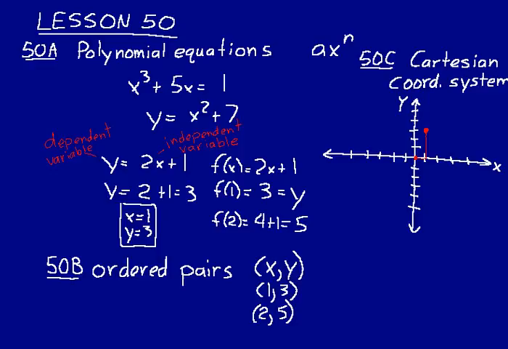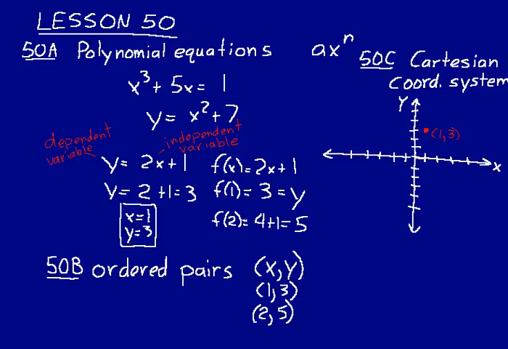Now you don't have to draw those lines that start from the origin and go to the right and up. I'm just doing that to show the path that I'm following. In fact, I just went ahead and erased those lines so you don't think that's something you're supposed to do every time. And so that point represents the ordered pair 1, 3. Go to the right 1 and up 3.